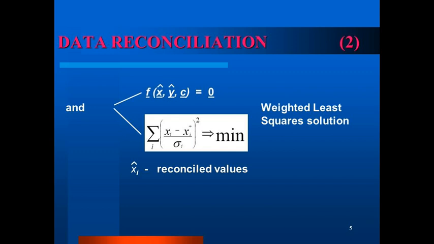If we suppose that the probability distribution of measurement errors is the so-called normal distribution, such a solution is identical with the so-called maximum likelihood solution. In the theory of data reconciliation, we can meet a generalization of the least squares function containing so-called covariance matrices of measurement errors. This case will not be treated in this introductory video.